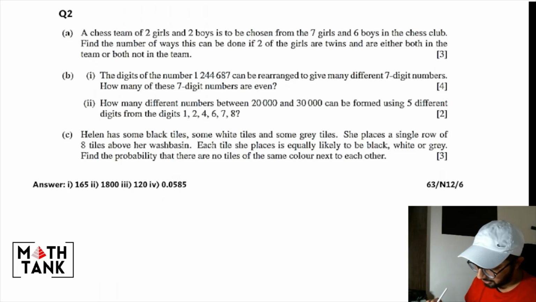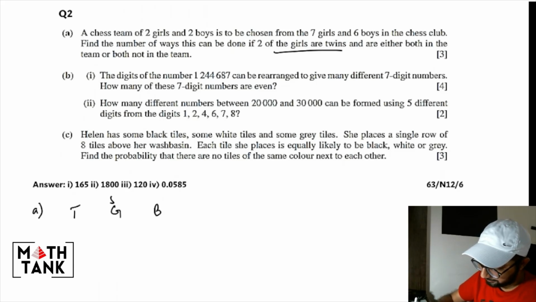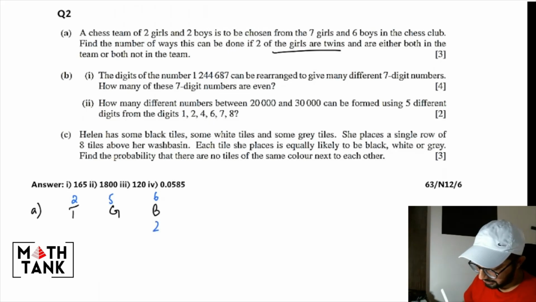Let's separate the twins from the other girls. So I'm going to say that they can be either twins or girls or boys. Then there are 5 girls because 2 of the girls are twins, 5, 2, and 6 boys. Okay, and I need a team of 2 boys and 2 girls.